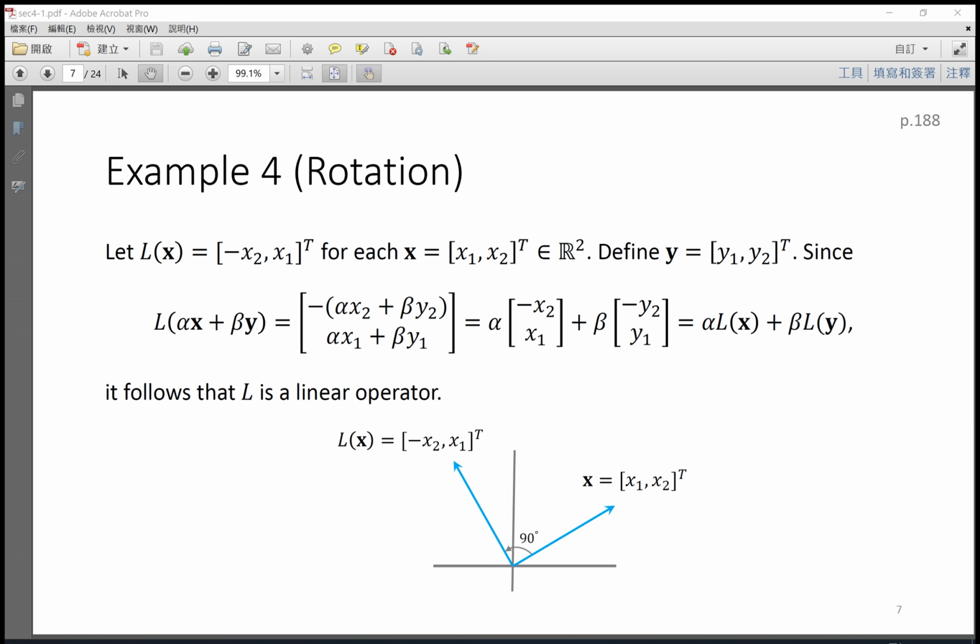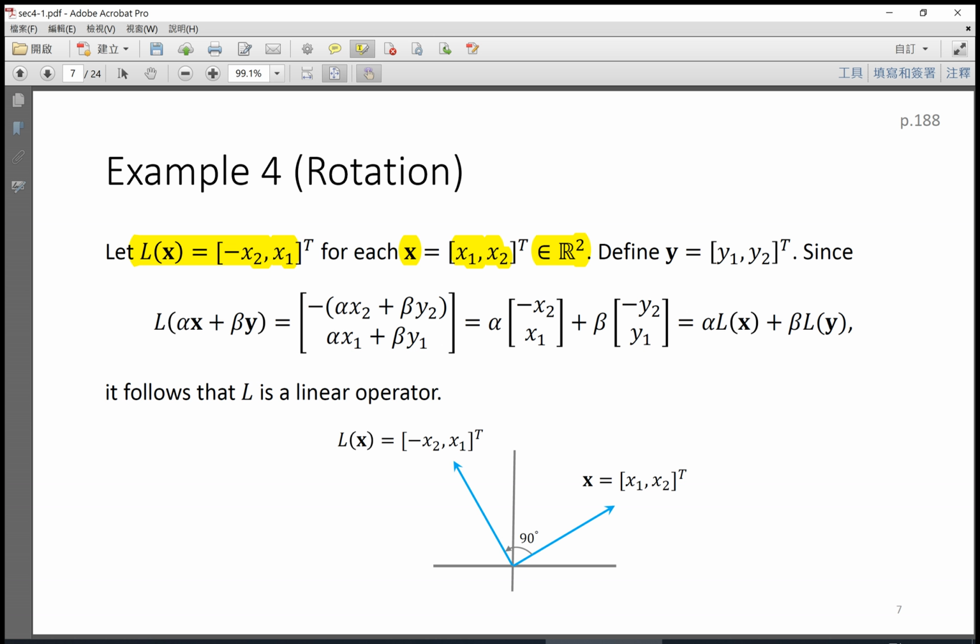Next, we consider another example of a mapping on R2. Consider a vector in R2 where the first entry is denoted as x1 and the second entry denoted by x2. We define a mapping L as L(x) equals a vector in R2 where the first entry is −x2 and the second entry is x1.